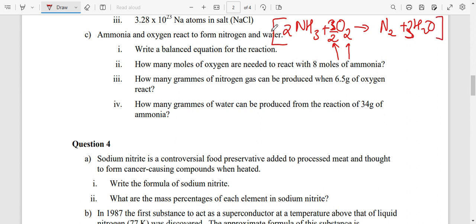If I don't want to have a fraction, I'll multiply everything by 2. So 2 times the ammonia, that is going to be 4 ammonia. And then plus, we are going to have 3 oxygens like that. Then the other side, we are going to have 2 nitrogens, and then plus 6 water molecules like that.